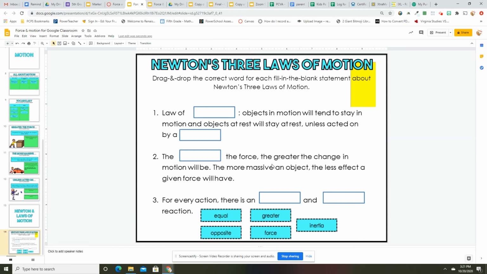The blank, the greater the force, the greater the change in the motion will be. The more massive an object, the less effect a given force will have. And then for 3, for every action, there is an equal and something reaction. Okay, so let's think about what the answers would be here.